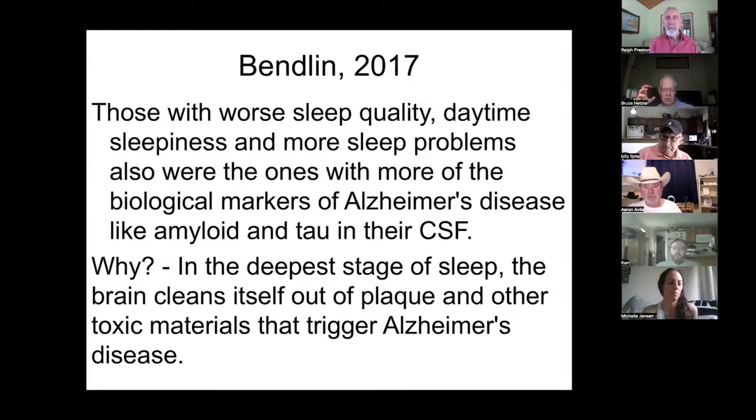And these neurofilaments look more like cooked spaghetti noodles, just a clump of things that proteins can no longer march up and down on. So people with bad sleep quality have more tau protein and amyloid beta protein in their cerebrospinal fluid, making it much more likely that they will develop Alzheimer's disease. So sleep well, especially deep sleep.